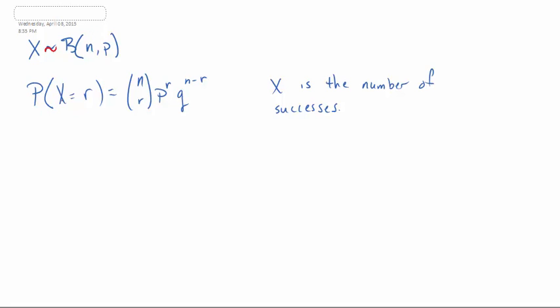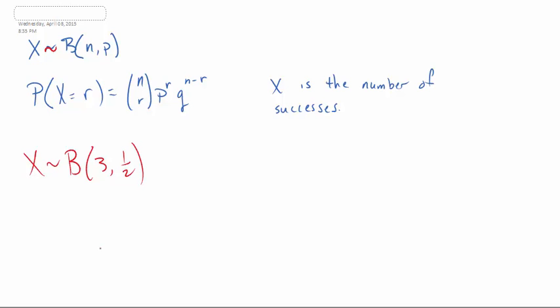So the probability that X equals r, so the probability that we have r successes, the random variable X is the number of successes in one of these, is given by n choose r, this is that combinations operator, times p to the r, q to the n minus r.